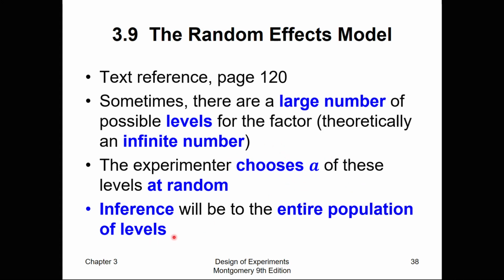So the goal is to make inferences about all of the factor levels, even though you only have A of them. It's like when we look at our data and want to make inferences about the whole population, not just the sample we got data from. It's the exact same concept here. We want to make inferences about all of the factor levels, even those we haven't gotten the chance to look at.